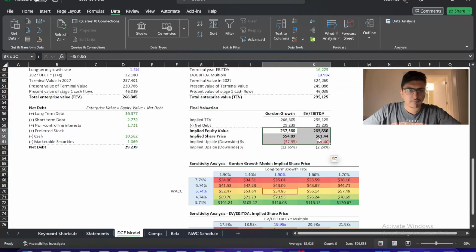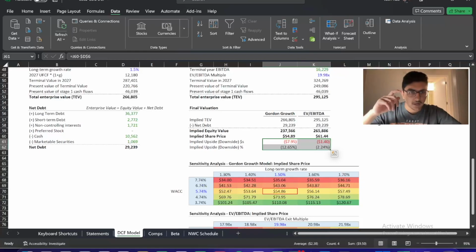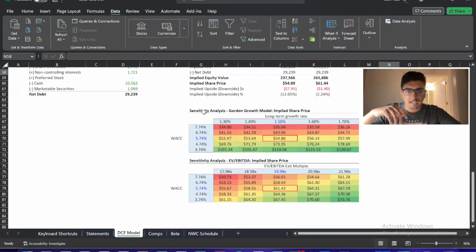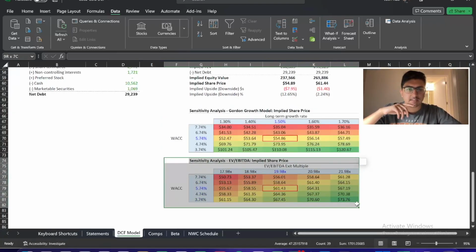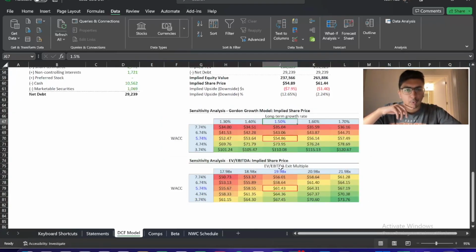So what was your final equity value and implied share price? What is your implied upside or downside in both dollars and percent? And we definitely want to see this sensitivity analysis, because that will show us what point estimates you are using for long-term growth rate or exit multiple, and what is the range of those.